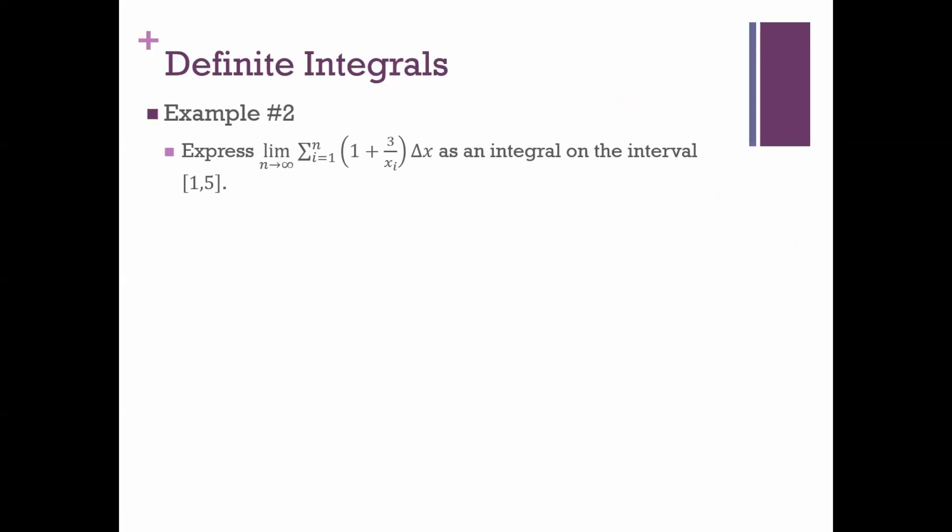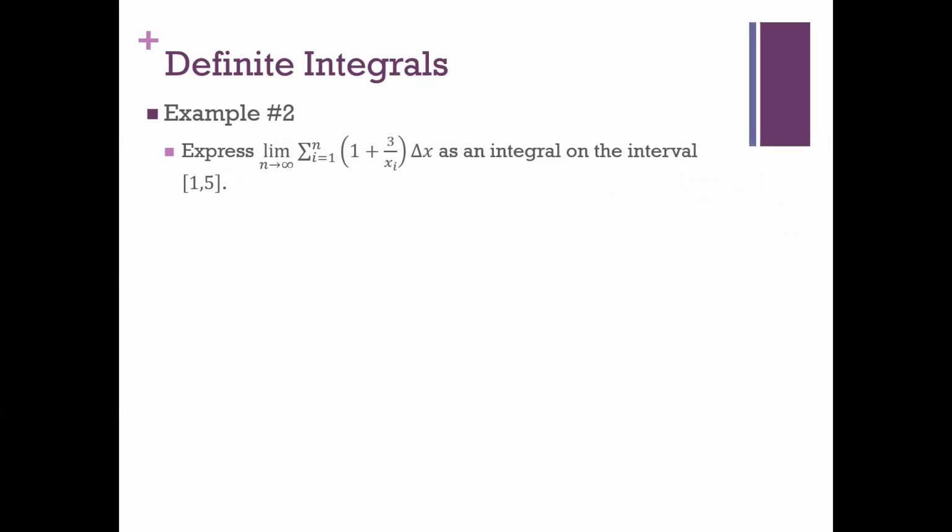So I wanted to express this limit. So that's a sigma notation, right? Basically, my delta x is however wide each of my intervals are, right? From 1 to n. Let's build this up a little bit.